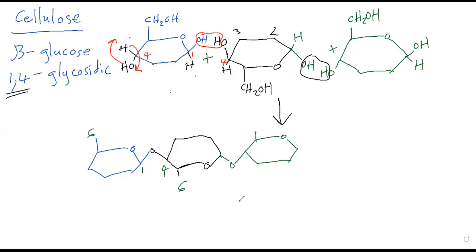So I'm going to put back the CH2OH. Once you get comfortable with doing it like this, then you gradually do it with fewer details, because you should be able to recognize it without all of the details on it.